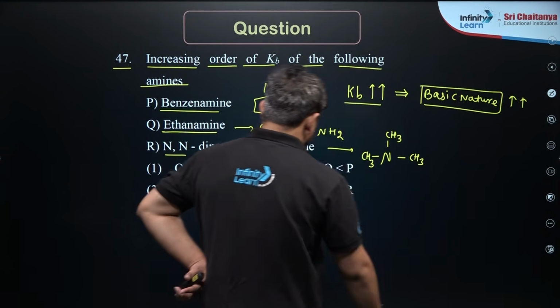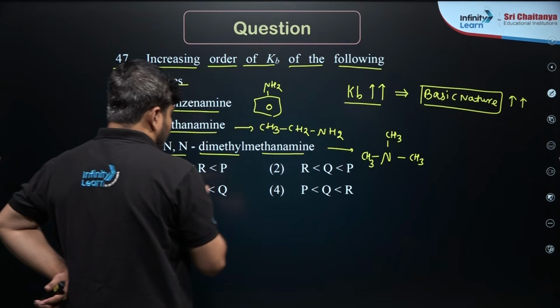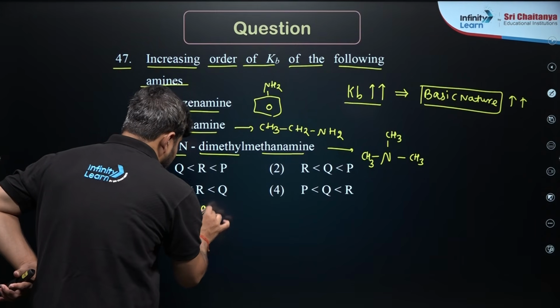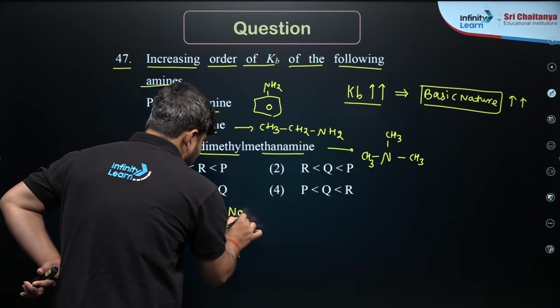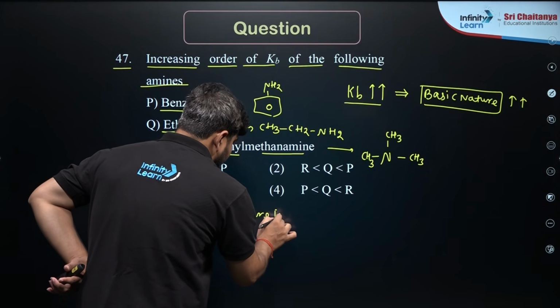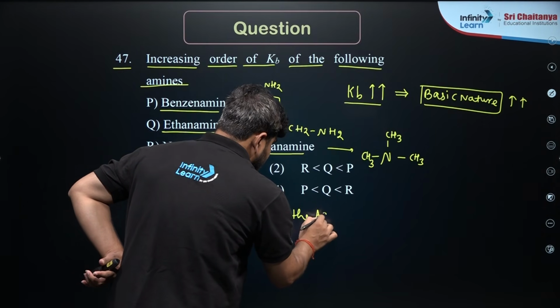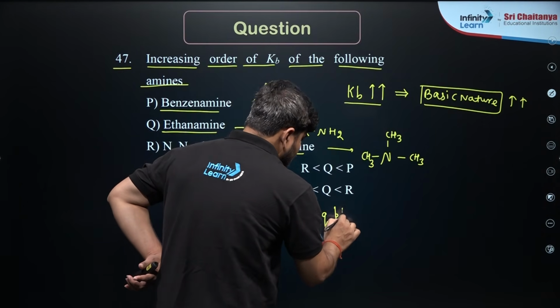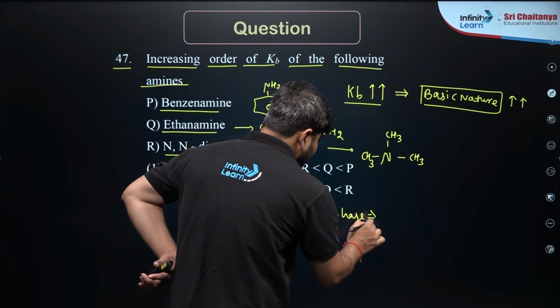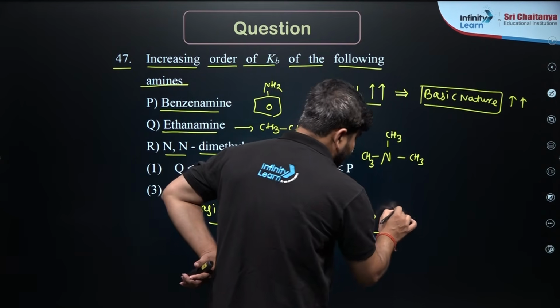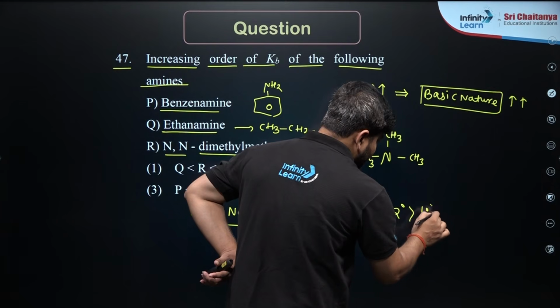Okay, so if I write the basic nature in the aqueous phase, what are we going to get here? We are going to get 2 degree, then 1 degree, then 3 degree.